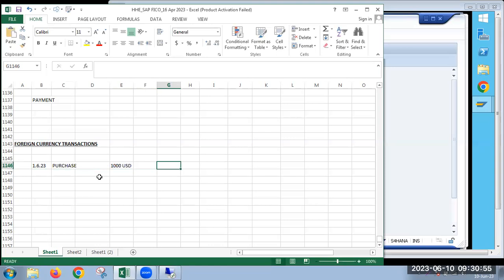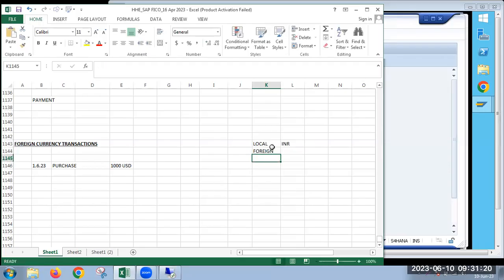We know there will always be a rate between different currencies. We have the local currency. What is our local currency? INR. The currency we specify to our company code, we can make it the local currency. Any other currency we can consider as foreign currency.